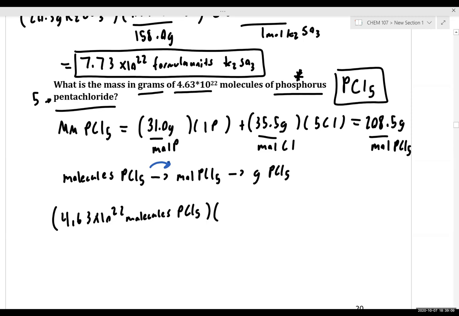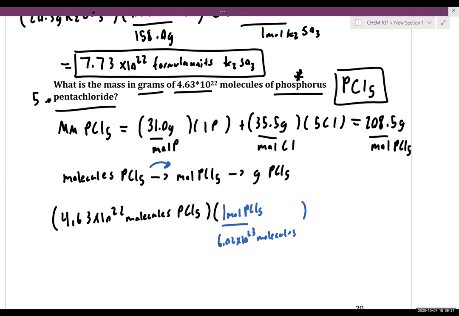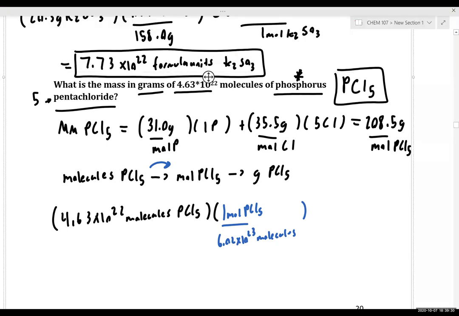Mole per molecules. Yep, in that case, we're going to be using Avogadro's number, where in 1 mole of phosphorus pentachloride, we have 6.02 times 10 to the 23rd molecules. Next, to go from moles to grams, we're going to use our molar mass, which we established was 208.5 grams per mole of phosphorus pentachloride.